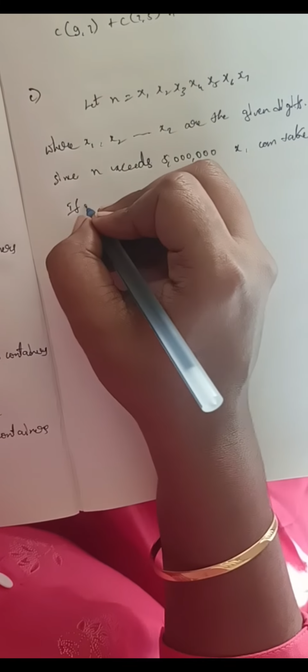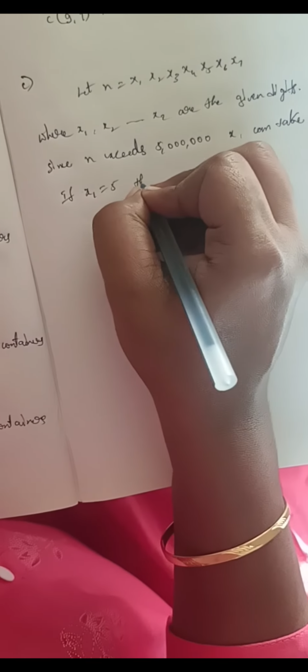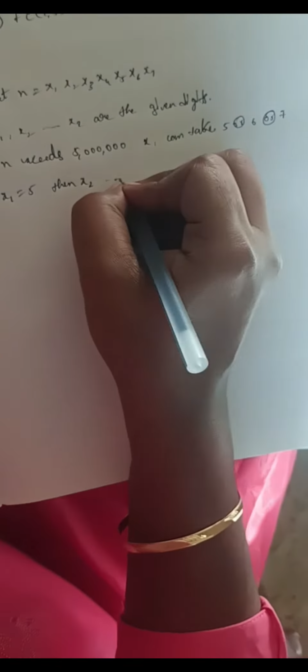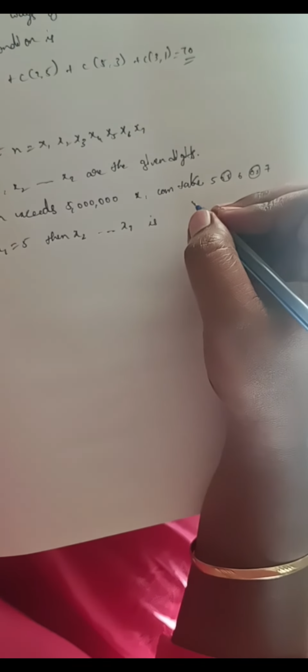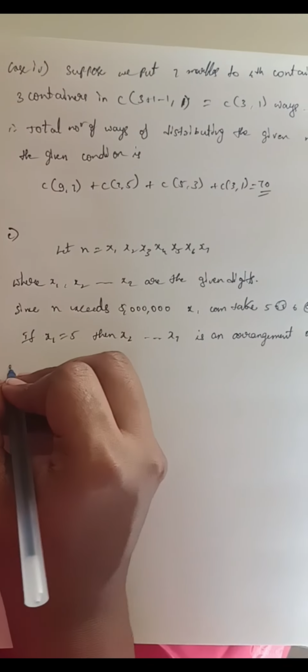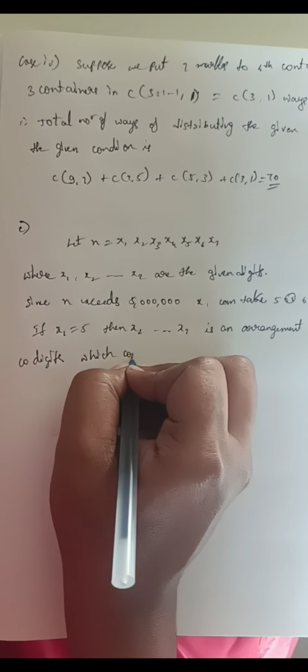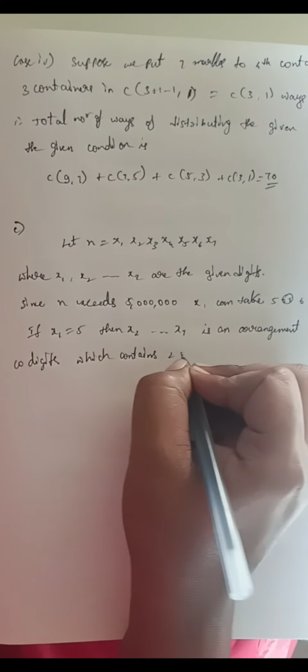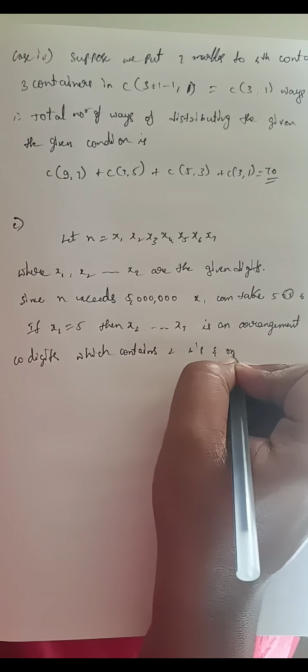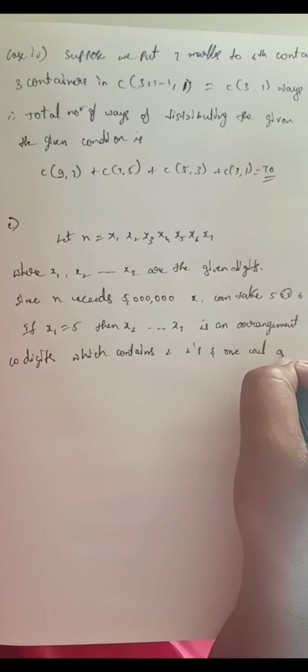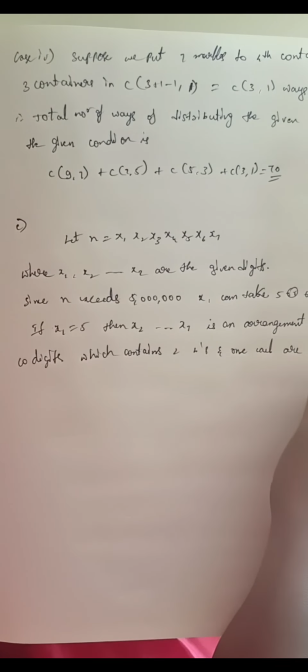If x1 is equal to 5, then x2 up to x7 is an arrangement of the remaining digits, which contain two 4s and one each of 3, 5, 6, 7.